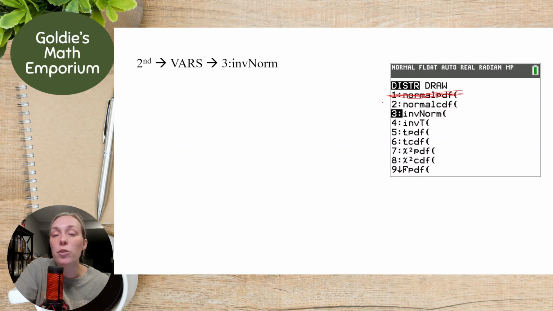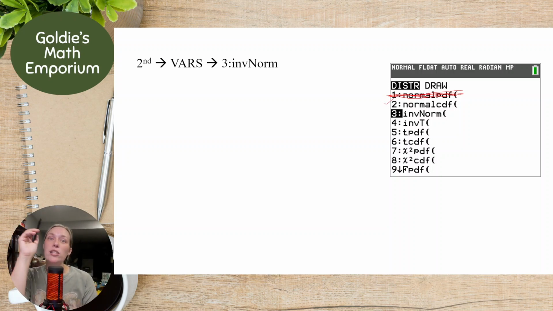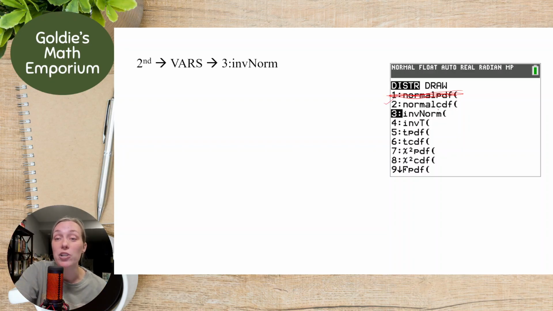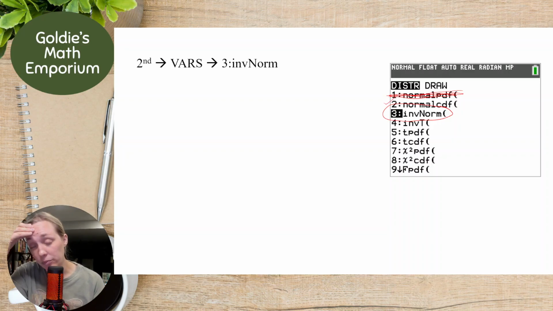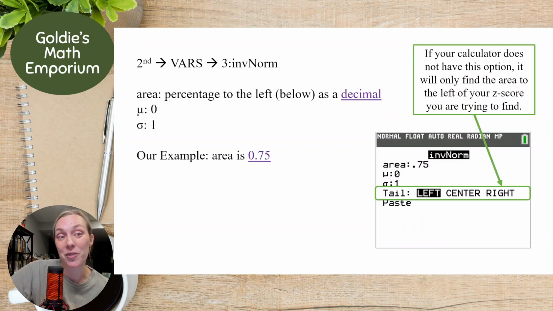We used normal CDF when we wanted to take a z-score and find the percent. When we have the percent and we want to find the z-score, we're going to use the next one, inverse norm, or the inverse normal distribution. Inverse means working backwards.